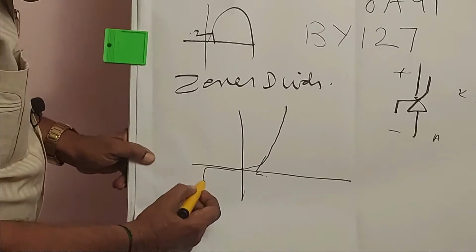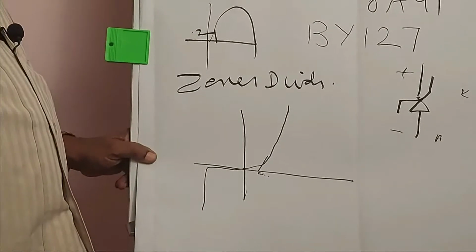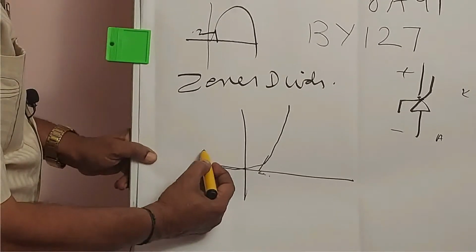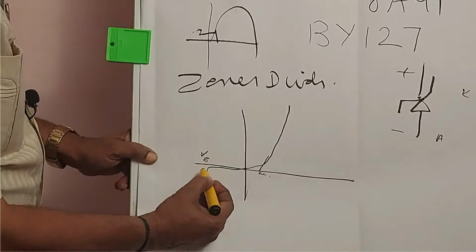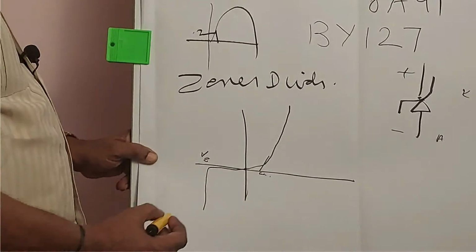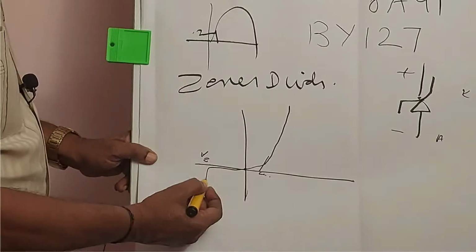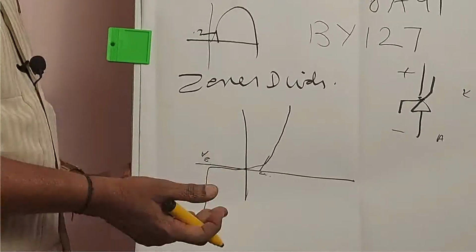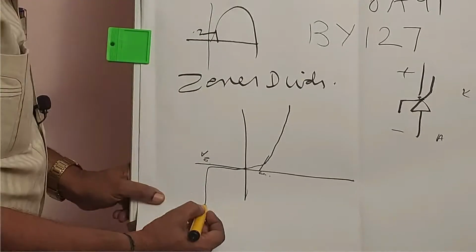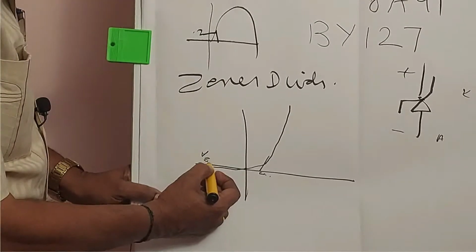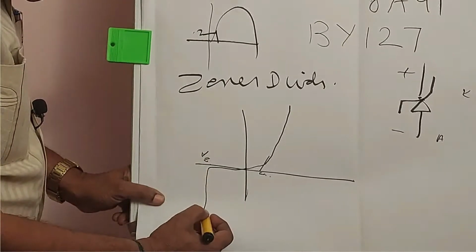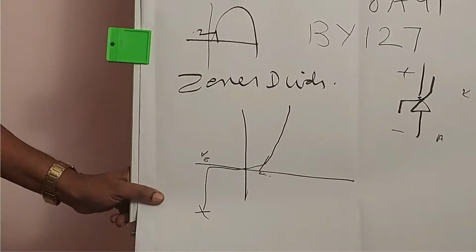After breakdown, the current will increase. But this potential is constant. It is broken down, but after that it maintains the voltage. The current may be increasing. When will this diode fail? Only after a certain current. When you increase it so much, beyond this it may fail.